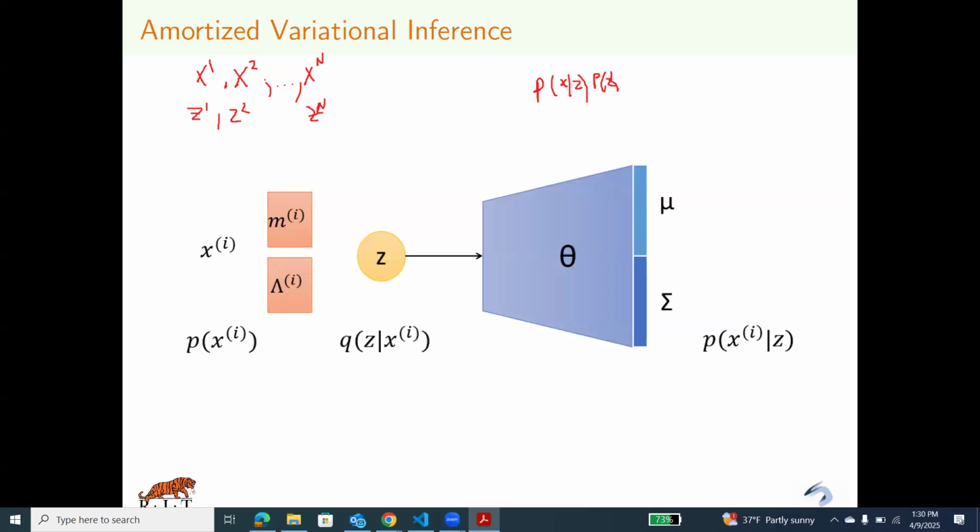We denote this distribution by Q of Z given X. And if we learn these parameters, we can sample from this distribution a latent representation Z. Then we can pass the Z variable to our neural network.